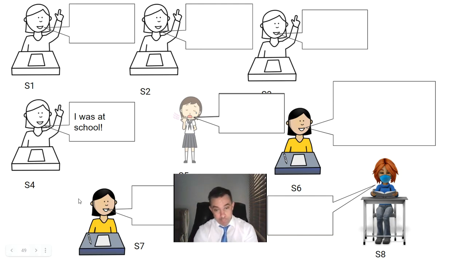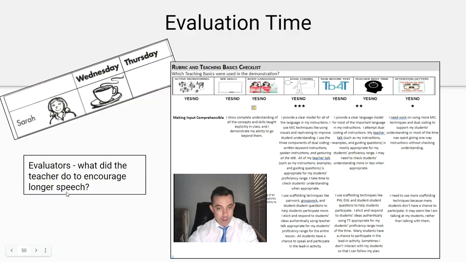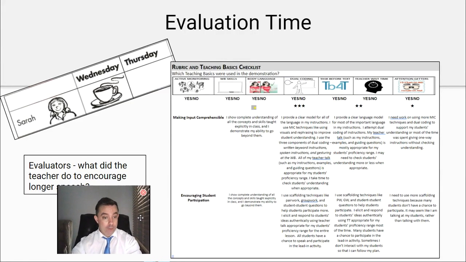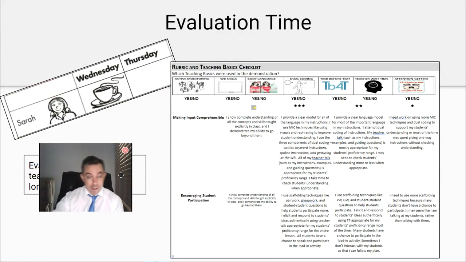Very good, S4, and very good, everybody. Round of applause for a very good activity. Well done. Now, back to TESOL time. Make sure you evaluate me either for the first demonstration or the second demonstration, and make some notes on the first page as well.